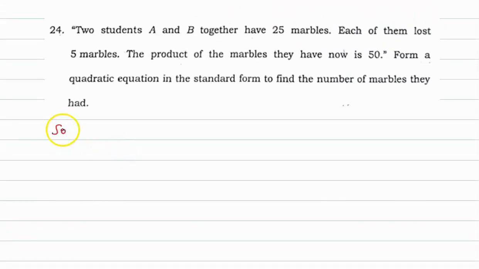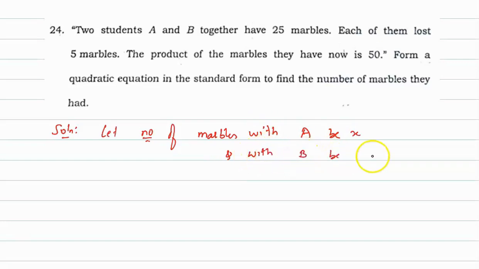So let us take, let the number of marbles with A be X, then with B will become, the total was 25, if he has X, then subtract that X, what remains is with B. So each of them lost 5.